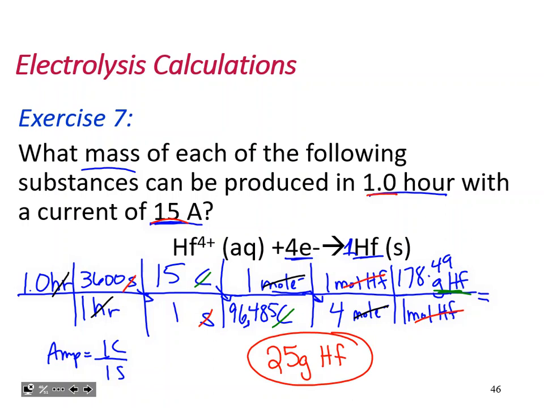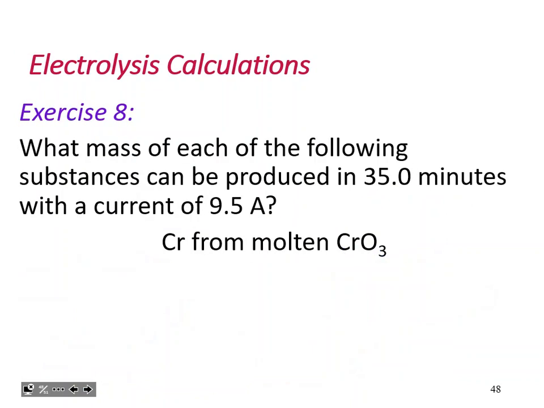So that's one example. They gave you the half reaction, so you didn't have to figure out the moles of electrons, which is nice. Because in this next one, they don't give you the half reaction. They do tell you the time, they do tell you the amps, but they're saying you're going to make chromium metal from molten chromium oxide here, CrO3. So I need to figure out what the charge is for my chromium in my CrO3.